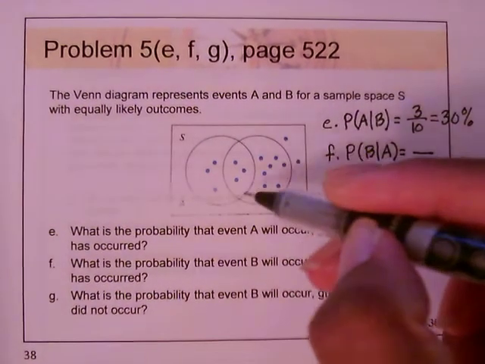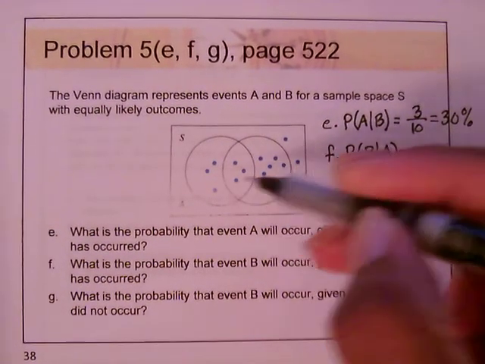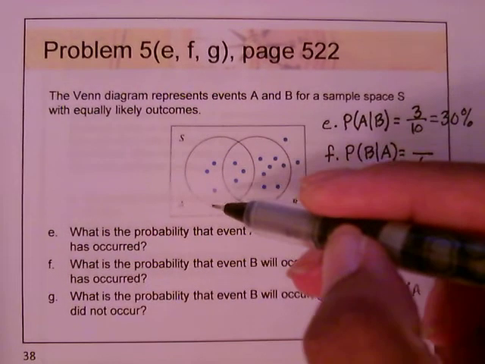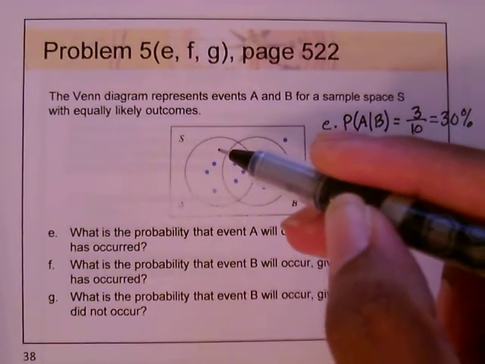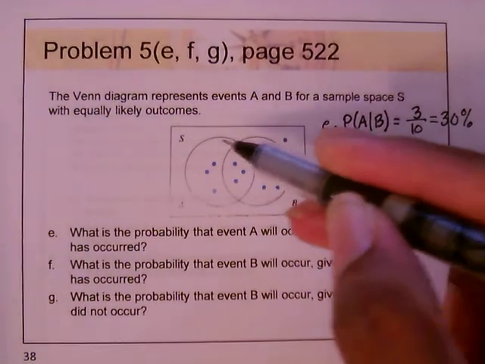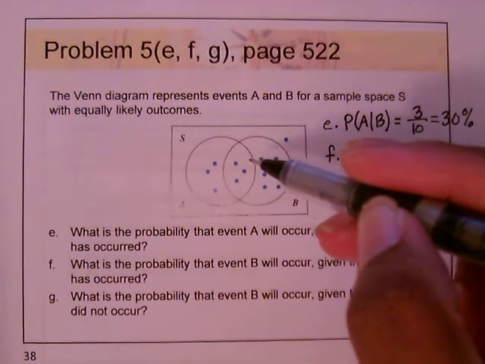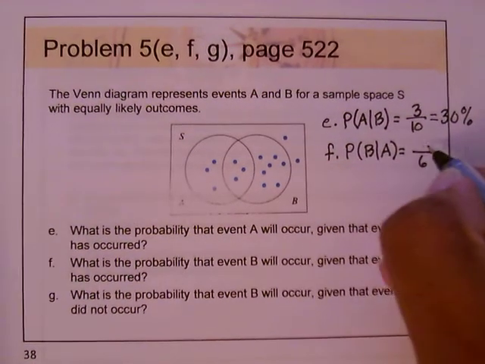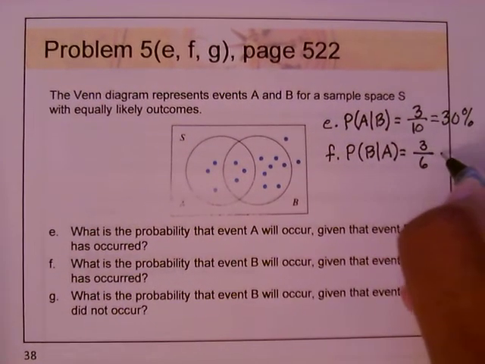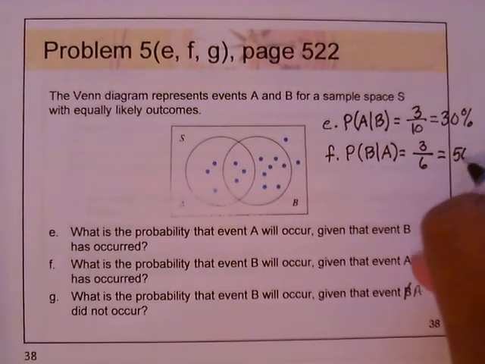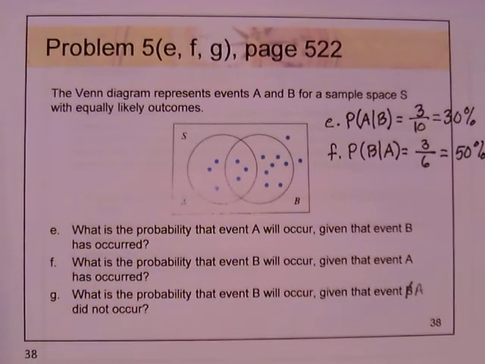Well, in this case, there's 6. And out of those 6, what would be the probability of event B? Well, these 3 dots are in event B as well. So this will be 3 over 6. Now, if you do 3 divided by 6 times 100, this will be 50%. So the probability of event B occurring given that A has already occurred would be 50%.